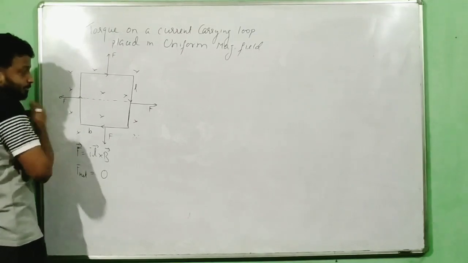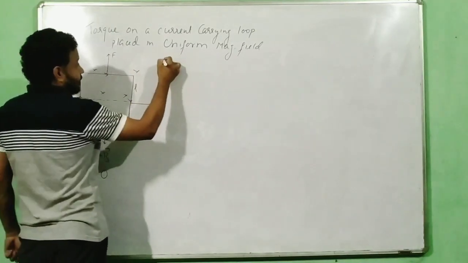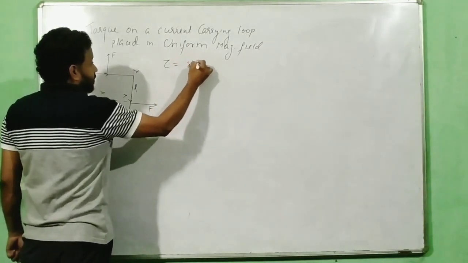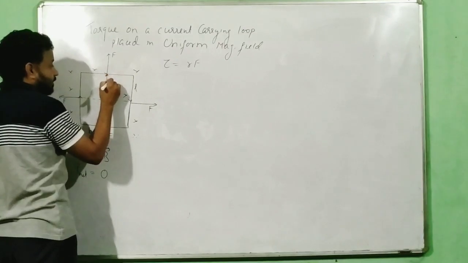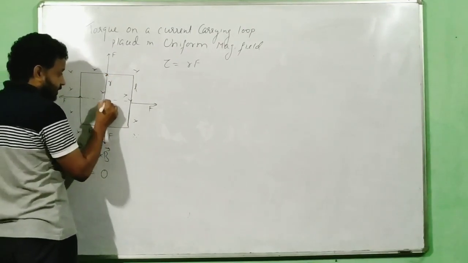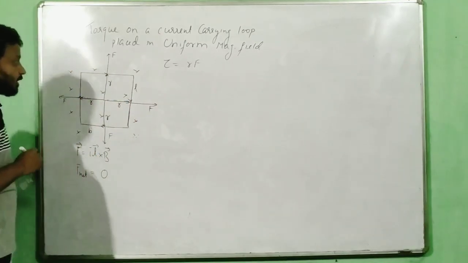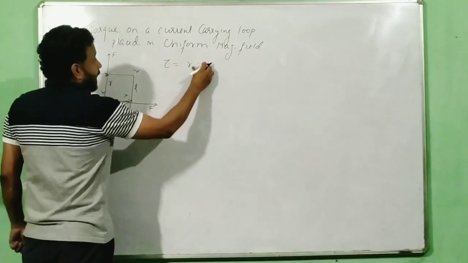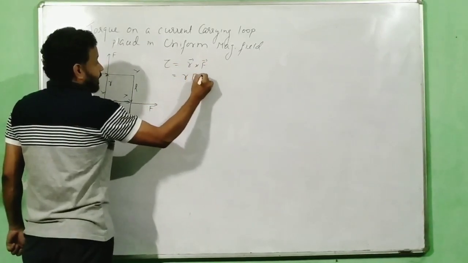Now from here, what is the torque formula? Torque formula is R cross F. What is R? R is the distance measured from the axis. So this is my R. This is my R. Now the formula says R cross F. Remember torque formula? That means R F times sin theta.